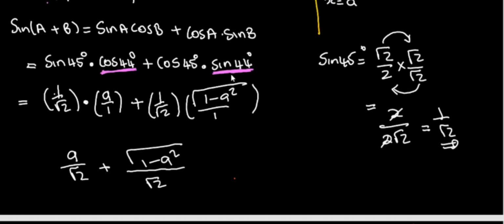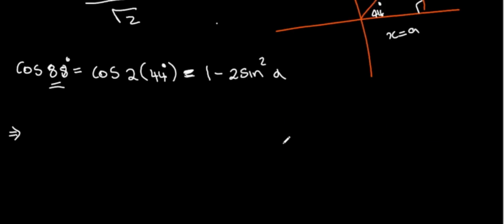So we know what sine 44 is. We know what cos 44 is. So we can choose any identity that has to do with sine 44, and we can choose any identity that has to do with cos 44. So maybe let's say we choose cos 44. Which identity are we going to use? 2 cos squared. Let's write it down.